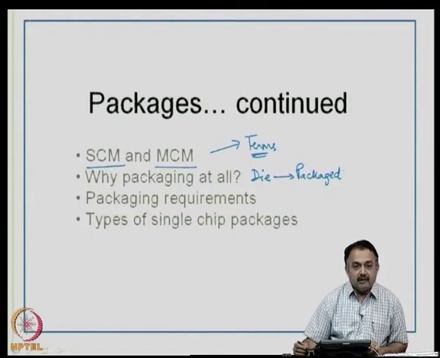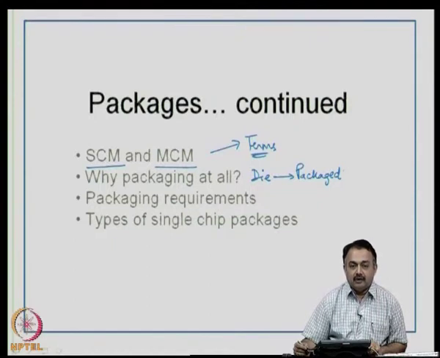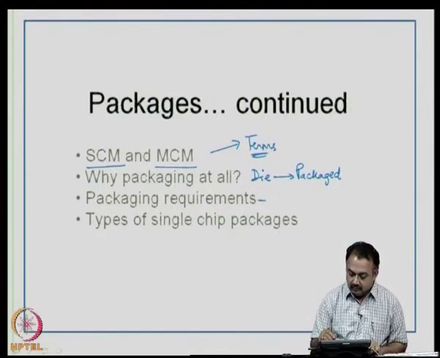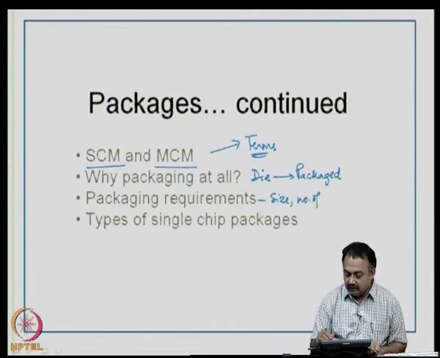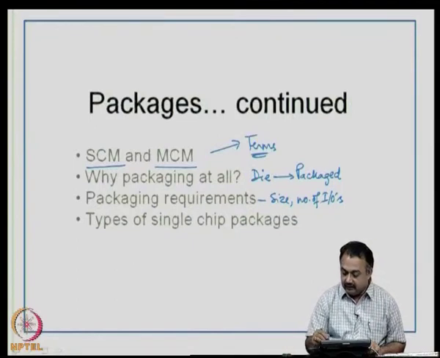The third point that we have seen in the last class was what are the packaging requirements. One of the important things is one has to look at the size of the die, the number of IOs, that is input output pins, according to the design of the die, and then finally, again the application.